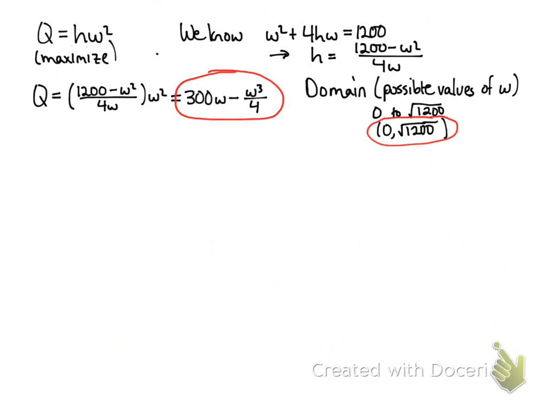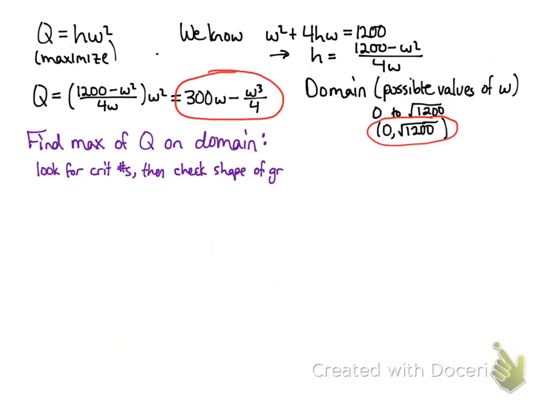I don't want to make just a flat square. So up to but not quite equal to the square root of 1200 is w, and anything positive up to that amount. So there's the domain. So I want to maximize the function 300w minus w cubed over 4 on the interval from 0 to the square root of 1200.